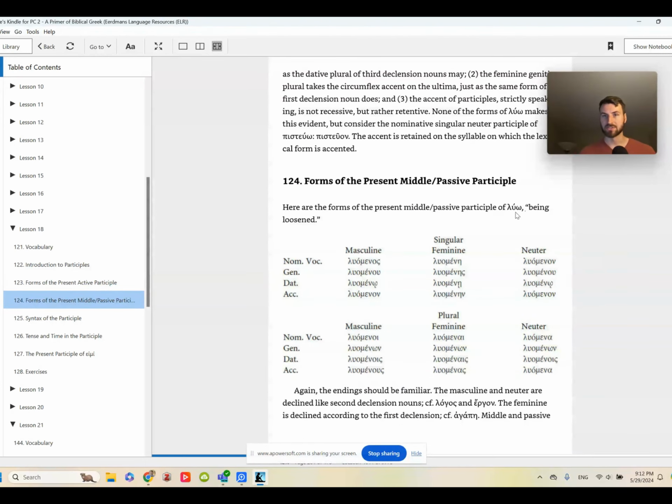With passive, you're going to add being loosened, right? Just like in the normal verbs, we added to be, like rather than I hit, I am hit, to make it into the passive. So the same thing is here, but we have to make it into a participle, so we have to add an ing. So here we put being loosened to make the passive participle.